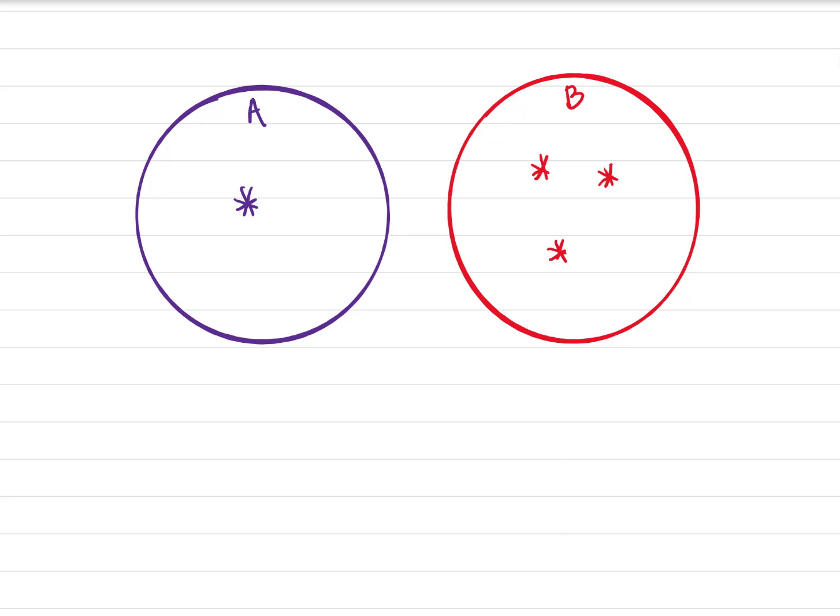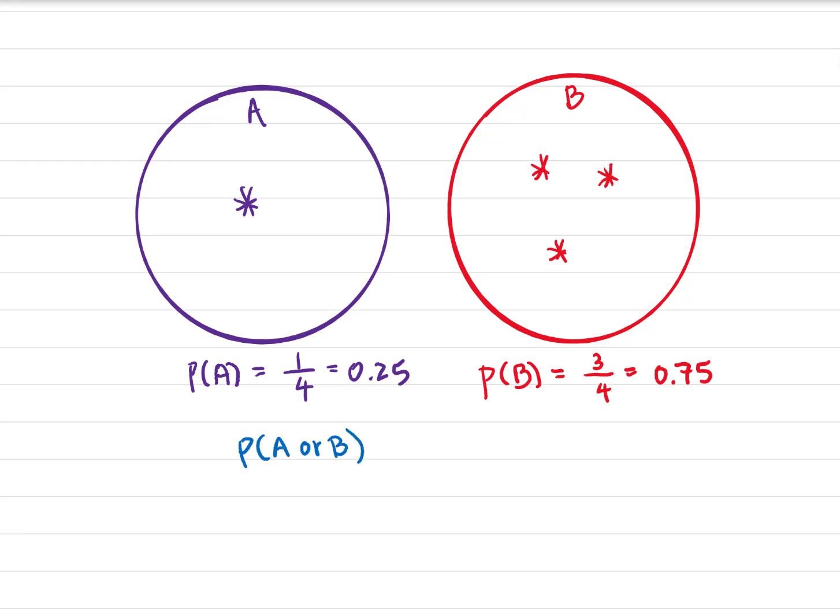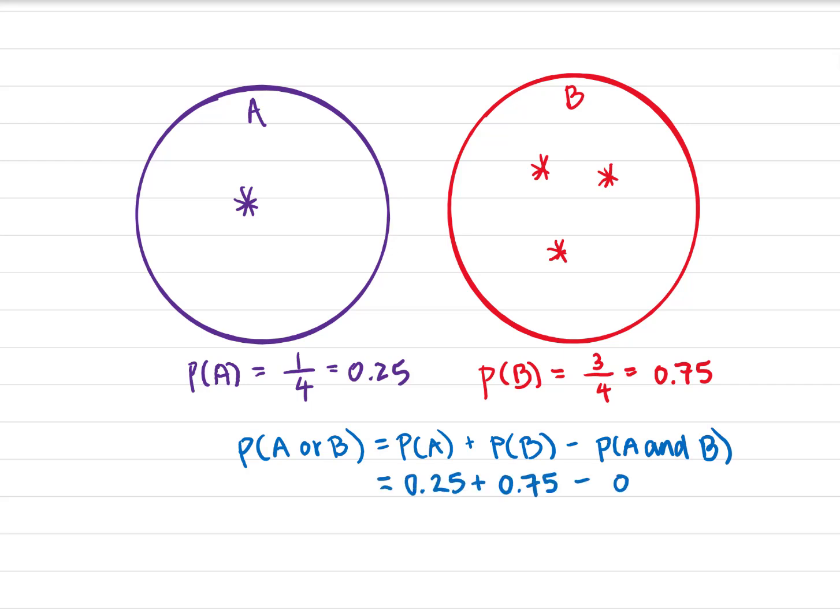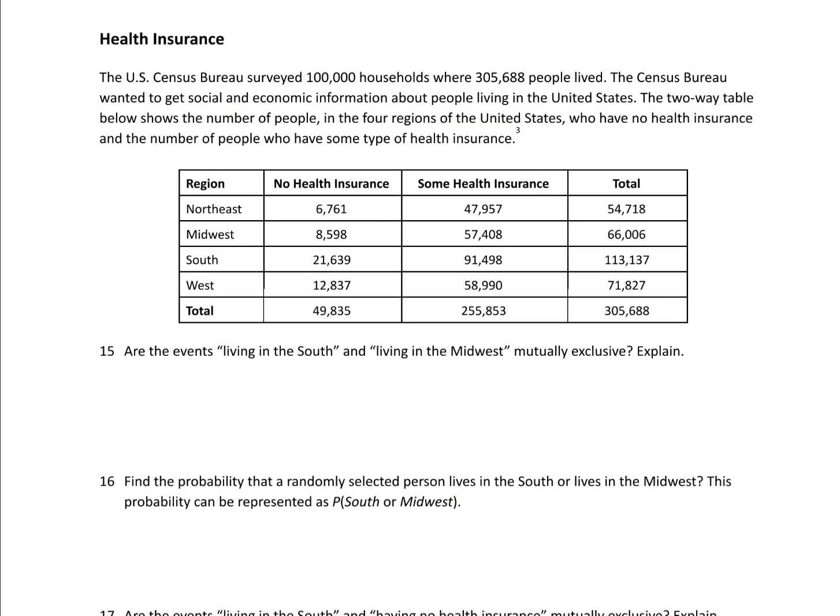If I want to find the probability of A or B, using the same formula that we derived in the last example, we get P of A plus P of B minus P of A and B. We know P of A is 0.25 and P of B is 0.75, and since there's no intersection, the probability of A and B is 0. We didn't really have to subtract 0. We just had to know that the events were mutually exclusive, and then we're just adding the probabilities of A and B together. Let's look at an example.